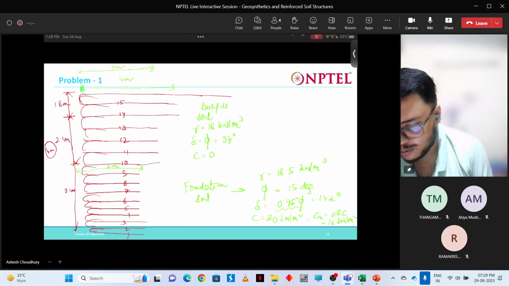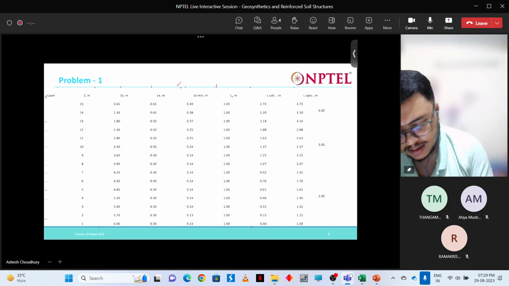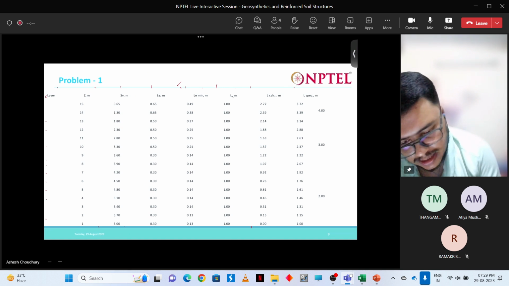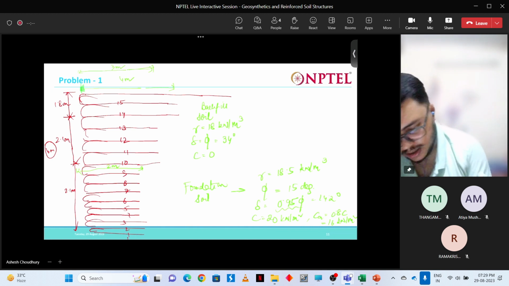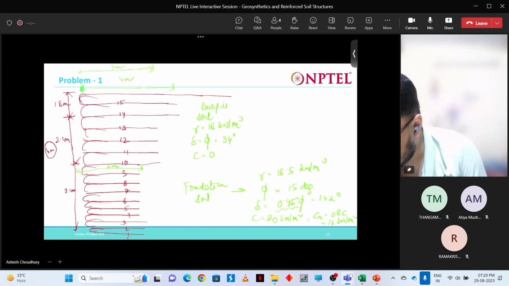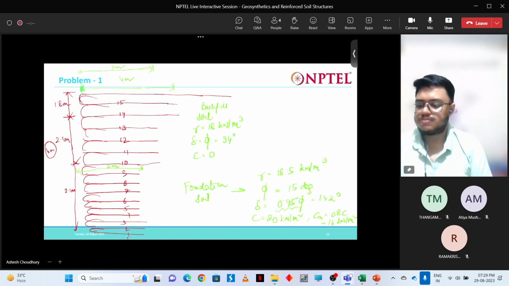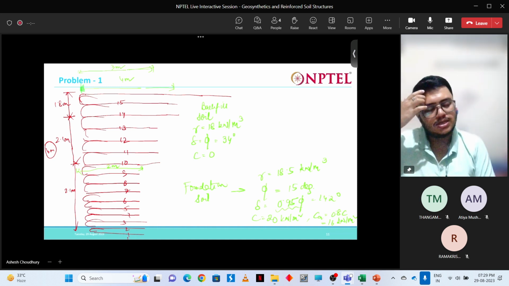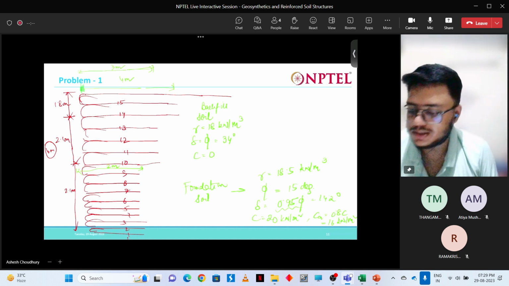See what we provided. We provided four for the first three layers, right? But here you can see only the first two layers they have considered as 4 meter. So I think there is some mismatch in the solution that they provide.